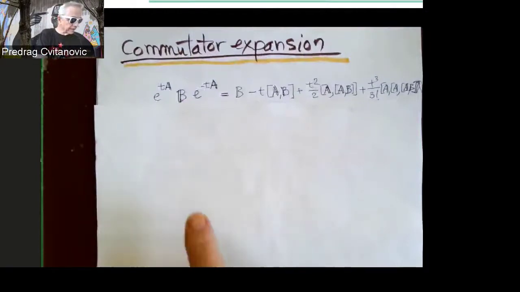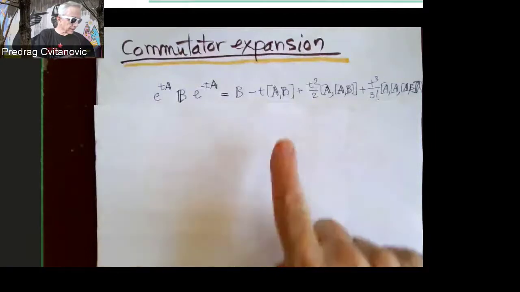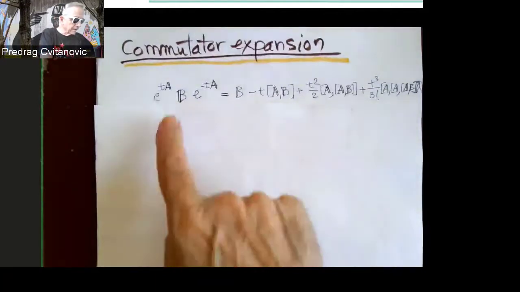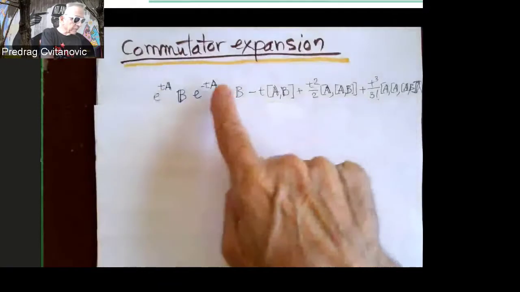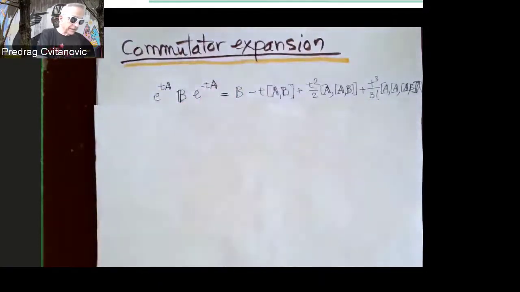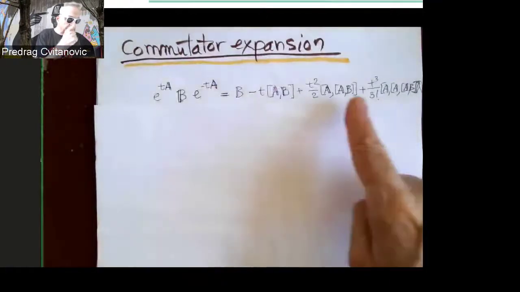You'll find that the first correction will be a commutator of A and B, and you can see how it happens because we'll have A times B, and then we'll have B times minus tA, so that produces a commutator. But then it becomes fun when you go to higher terms.